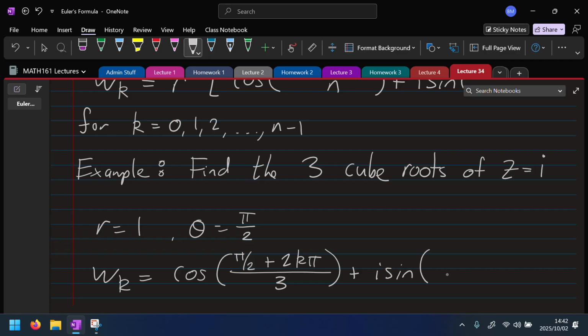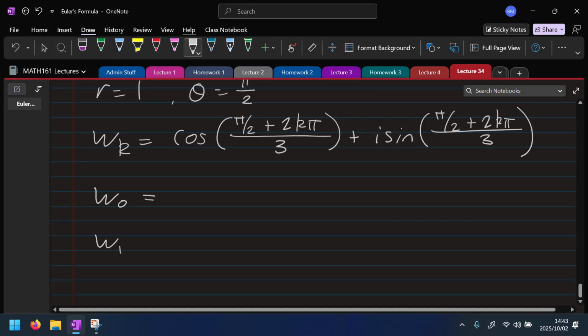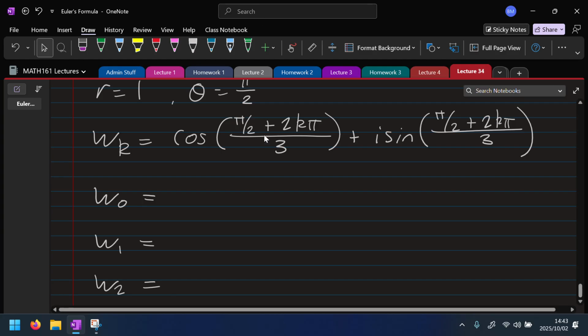Plus i sine of pi over 2 plus 2k pi, and again, we need to divide by 3. Okay, so what you're going to do now is substitute k equals 0, k equals 1, k equals 2, and you're going to get the 3 roots. So we're going to have w0, w1, w2. Okay, there's only 3 of them. Okay, w0, what do we get?